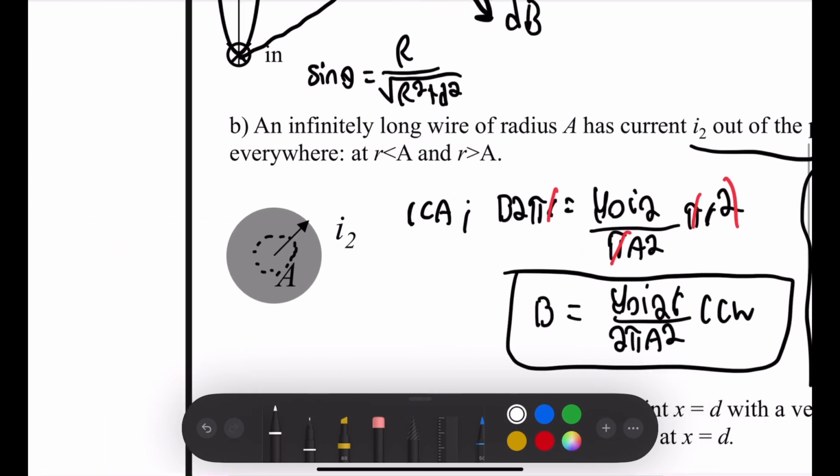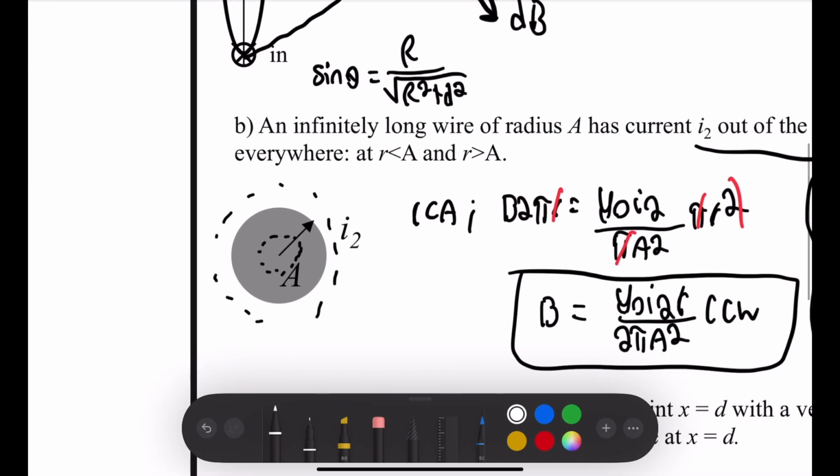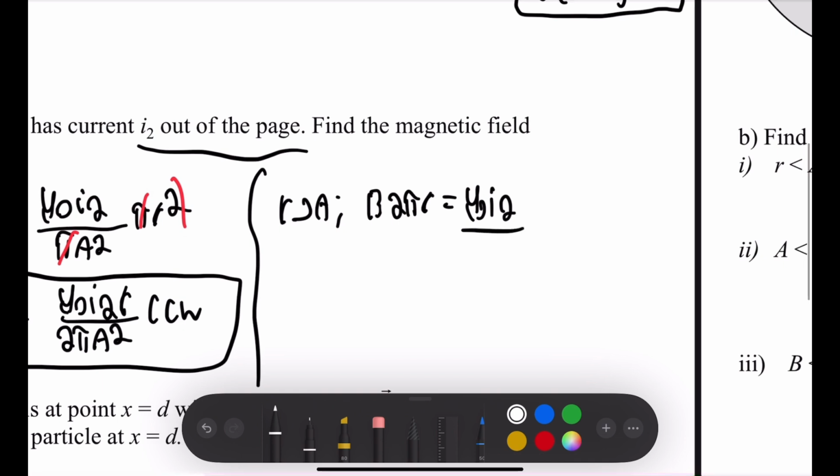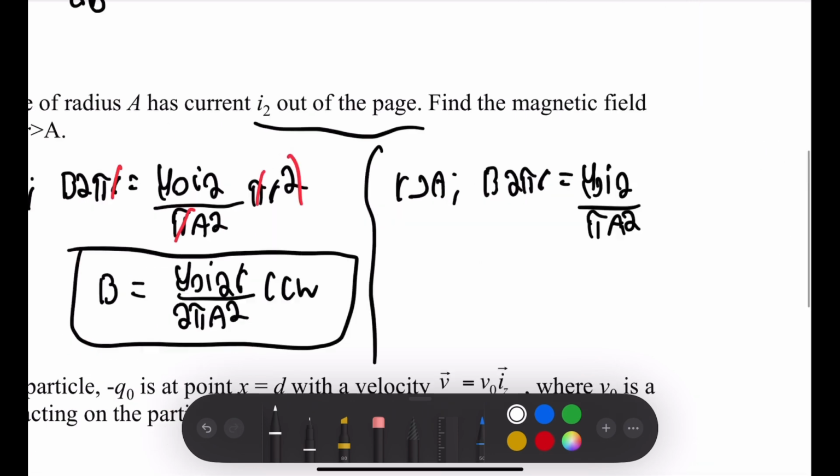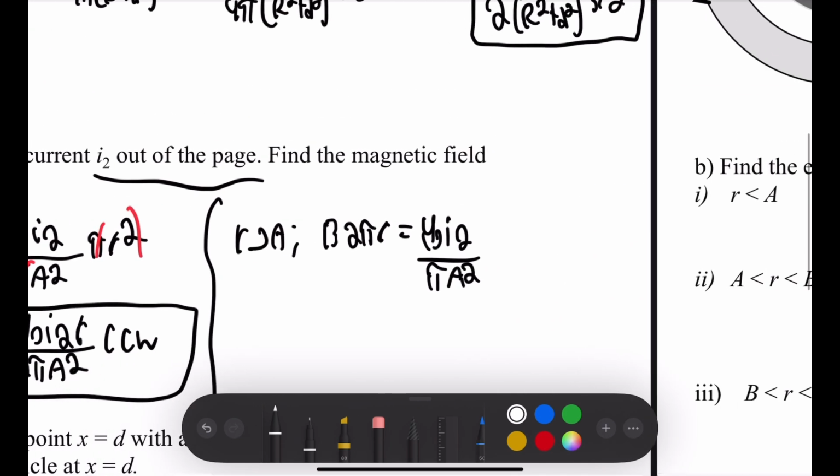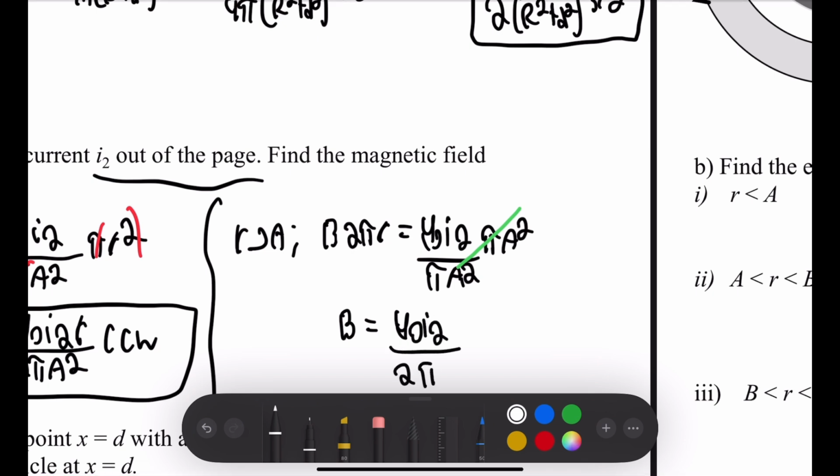And if I'm out here now, I'm going to have the same area, the actual area, pi a squared, times the area where my loop is, which is enclosing the entire surface. So it's also going to be pi a squared. So this will cancel. So then I will get the magnetic field is mu naught I2 over 2 pi r, and then counterclockwise as well.